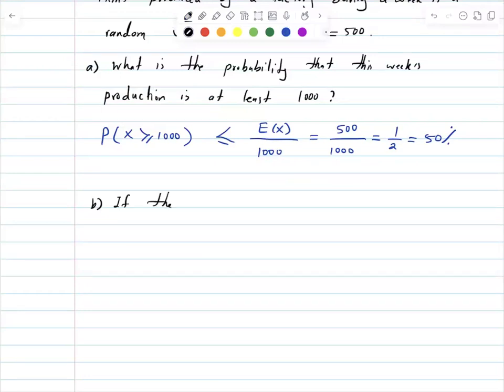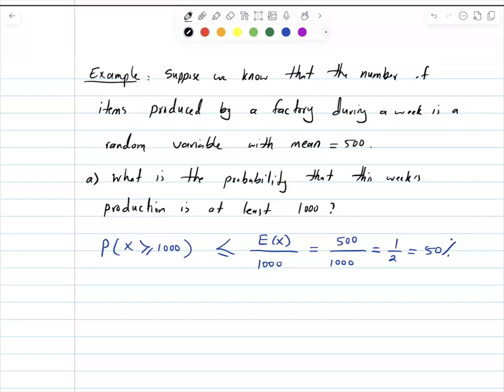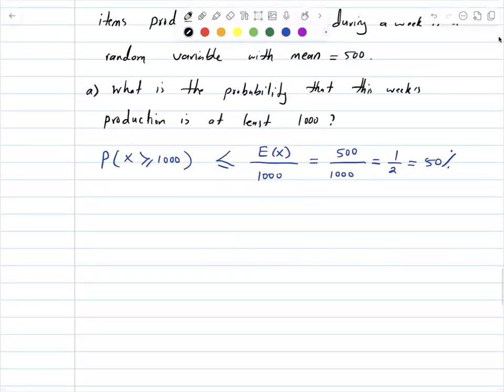Let's take a look at part B of the question. Suppose the variance of a week's production is 100.